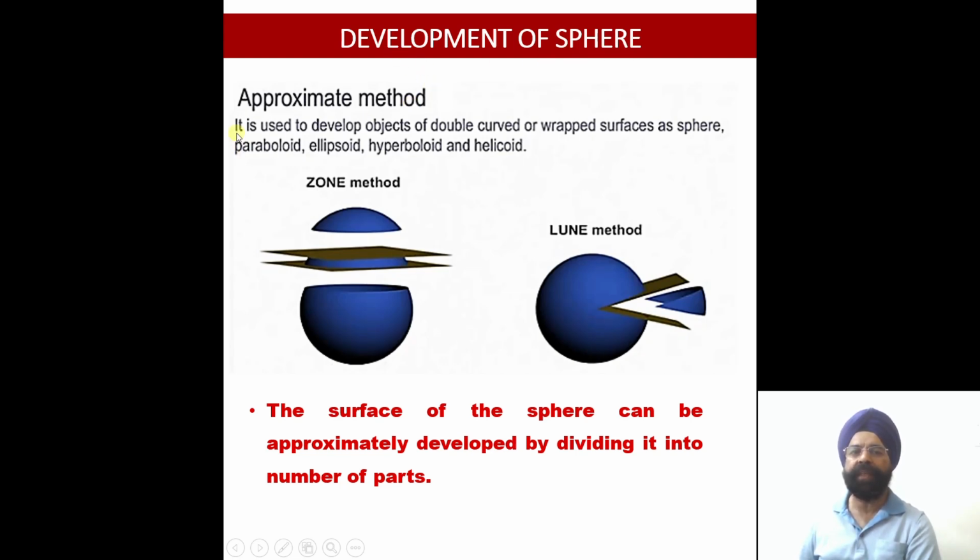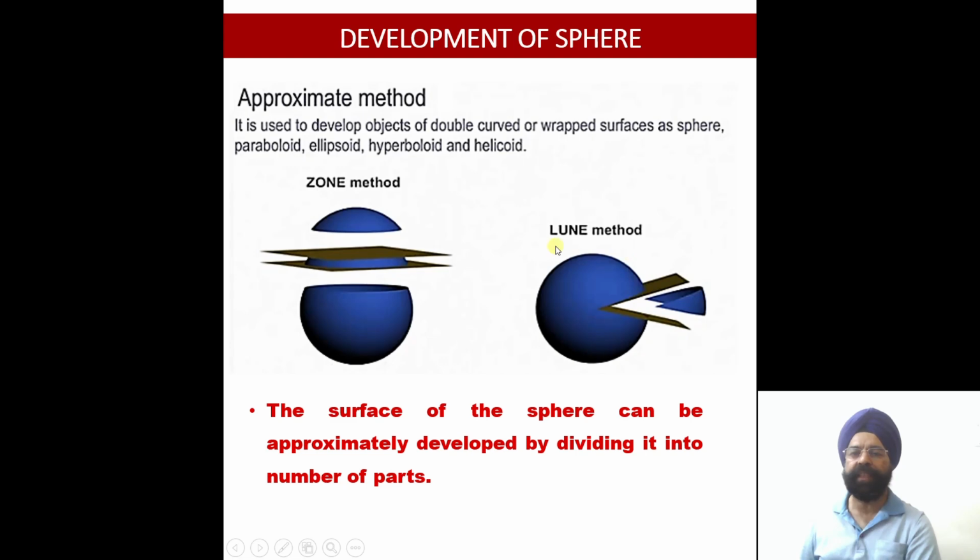The approximate method is used to develop objects of double curved or warped surfaces such as sphere, paraboloid, ellipsoid, hyperboloid and helicoid. There are two methods, the zone method and the lune method, through which we can go for the development of the sphere.